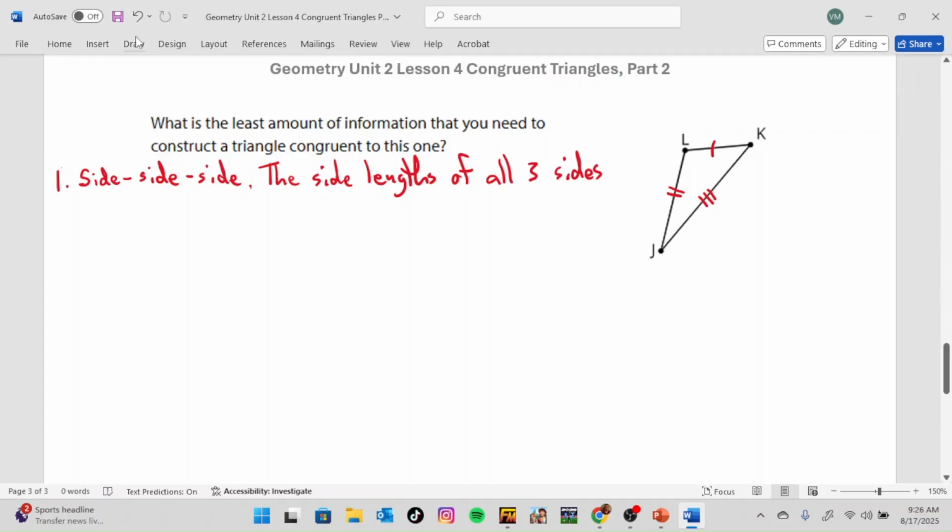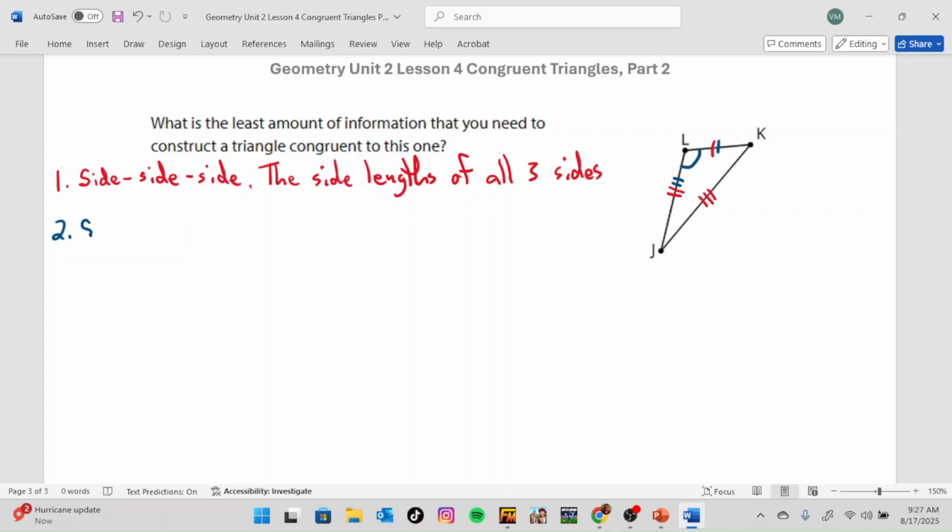Now, in addition to that, if we only knew 2 of the sides, such as LK and LJ, then I could still draw a congruent triangle if I knew the angle that was between them.